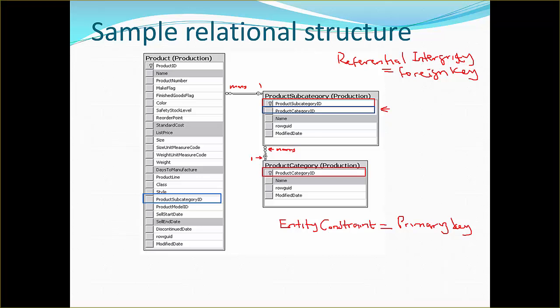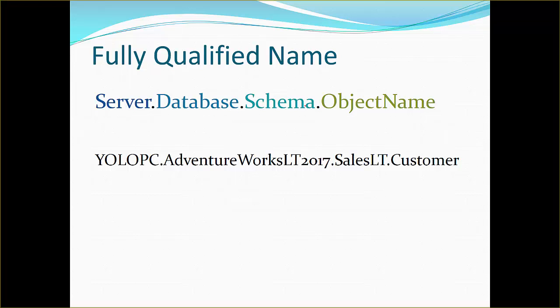Now we will need to begin to work with the database itself. Before we can work with the database, we need to understand what we call the fully qualified name. A database is an object on the server.